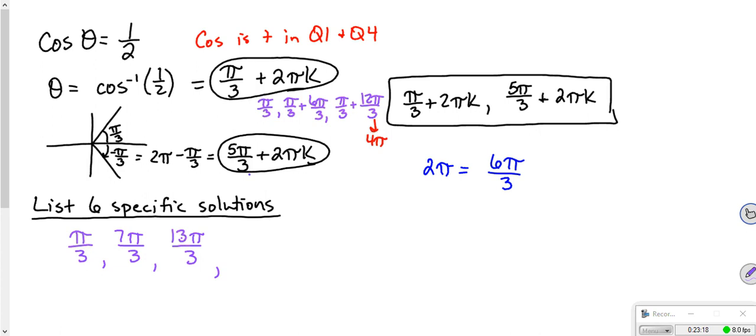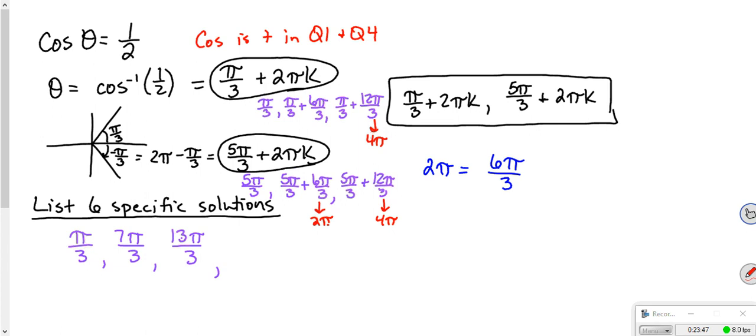Now let's look at the 5 pi over 3. My answers are 5 pi over 3, then 5 pi over 3 plus 6 pi over 3, and then 5 pi over 3 plus, again, 12 pi over 3. So this is 2 pi, this is 4 pi. It's how many times around the circle.